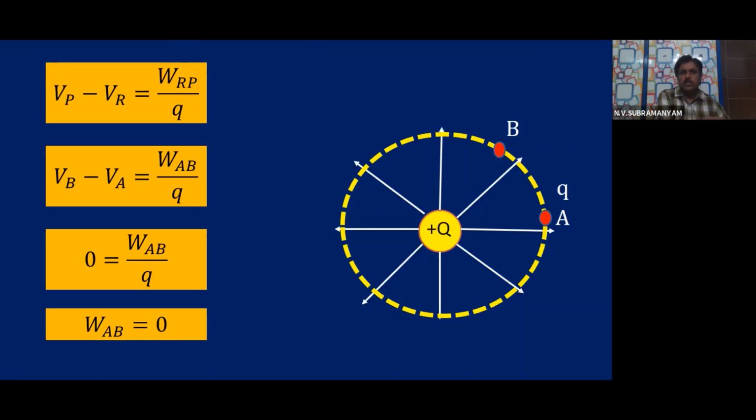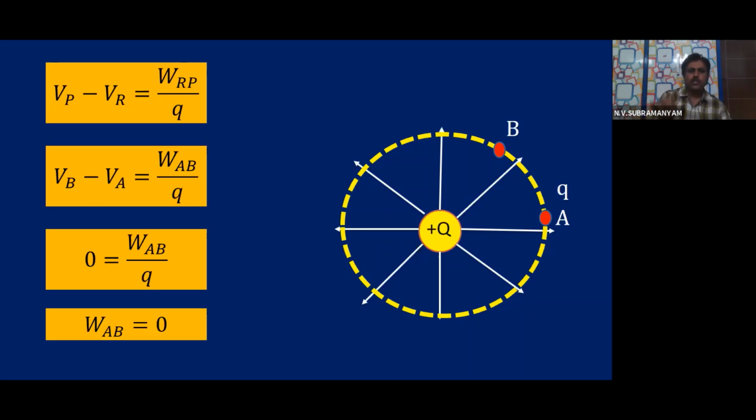You can imagine where I will get such a situation. Very simple. If you take, for example, a nucleus, around the nucleus you imagine a spherical surface, children. That spherical surface will be equipotential.